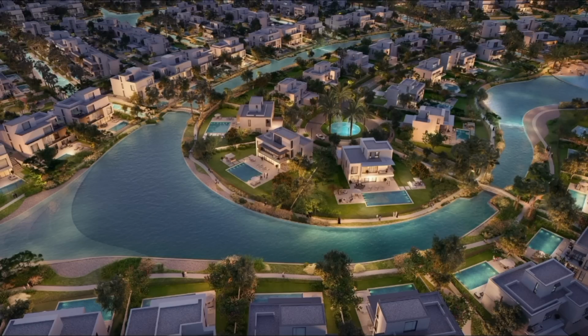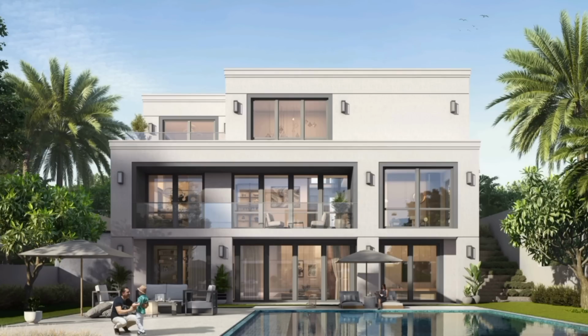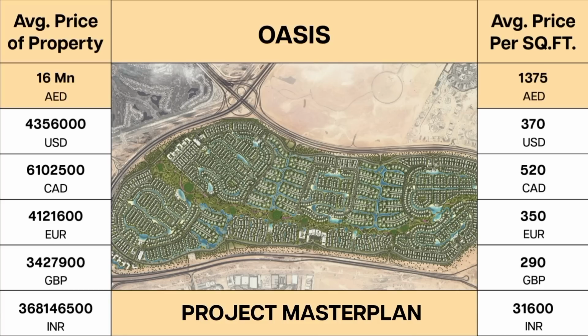The villas to be built by Emaar will come in various modern contemporary designs with large plot sizes to make a grand backyard with a pool. Average price per square foot is at 1375 and the average price for these villas is at 16 million dirhams or about 4.3 million US dollars.